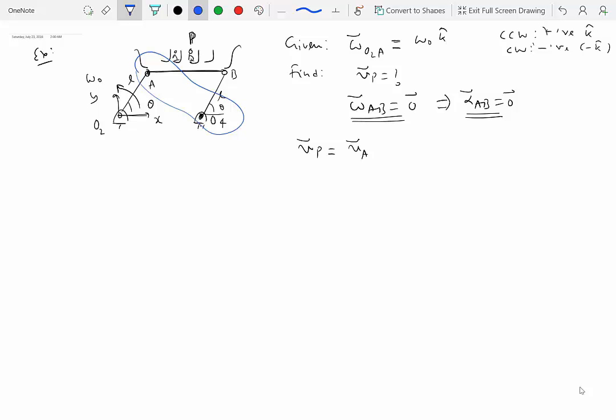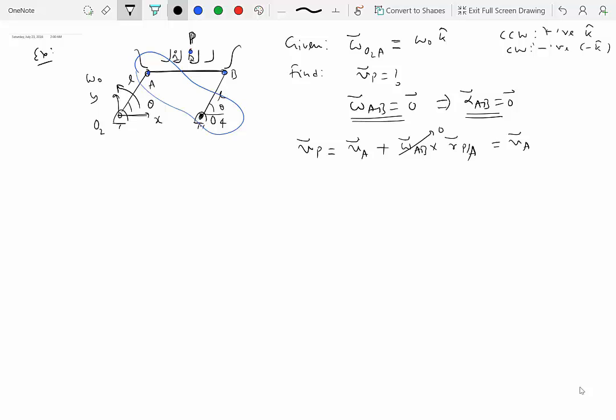But you can relate velocity of A with velocity of B and with respect to velocity of P. Okay, so velocity of P we can write as velocity of A plus omega AB cross R of P with respect to A. That's our fundamental velocity relationship equation. Omega AB is 0, so this is 0, which means that this is equal to velocity of A. So velocity of P is equal to velocity of A.